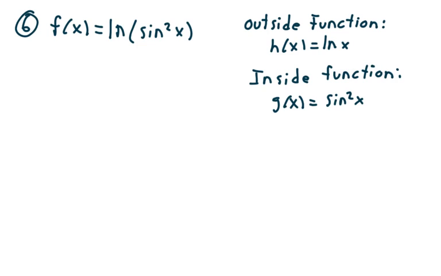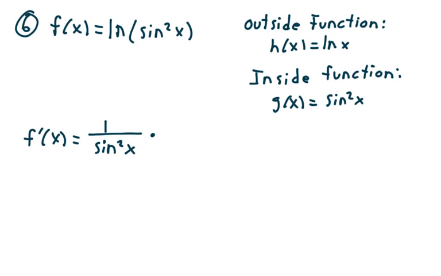So I like to keep track of what's inside, what's outside, and I do like to think of this as peeling an onion. I like to work from the outside in. So if I want f prime of x, the derivative of natural log of x is 1 over x. But remember, we're going to evaluate the derivative at the inside function. So I'm going to replace x with sine squared x. So I get 1 over sine squared x. It's chain rule the whole time.